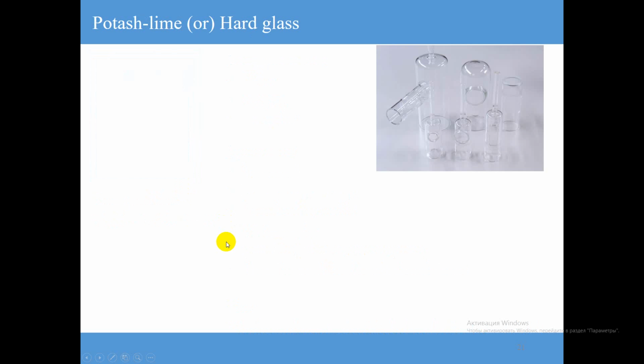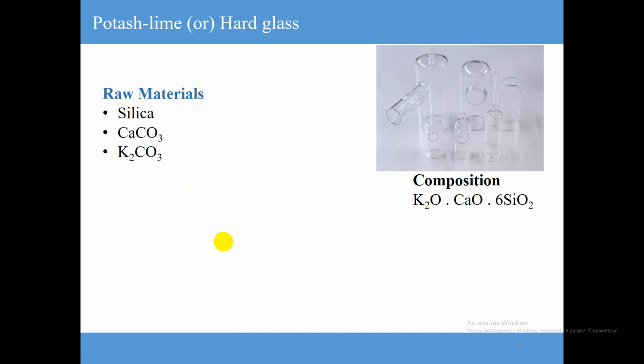Potash lime, this is a hard glass. Raw materials: silica, calcium carbonate, potassium carbonate. Composition: potassium oxide, calcium oxide, silica oxide.